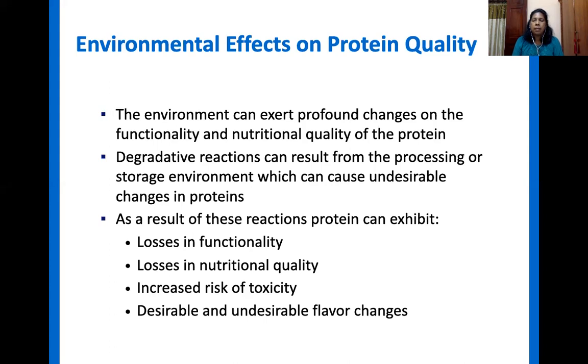Desirable and undesirable flavor changes can also happen, because when these polymer compounds are formed in this system, then definitely flavor can be changed, because those compounds give different types of aromas and flavors.